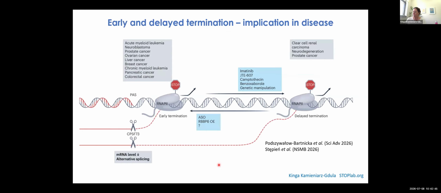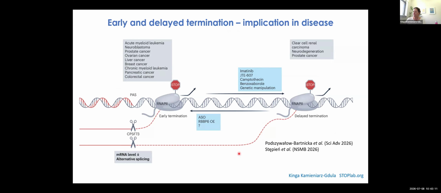And connected with this, we start realizing that transcription termination can be connected with diseases. This is a summary that was inspired by recent work by Carla Neugebauer's lab that studied very early effects of cancer treatment with imatinib.